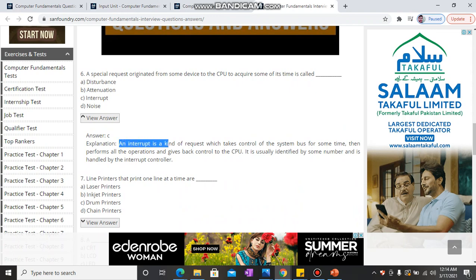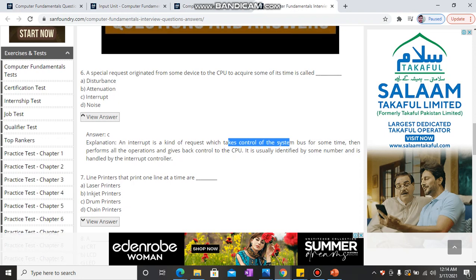Explanation: an interrupt is a kind of request which takes control of the system bus for some time, performs all the operations, and gives control back to the CPU. It is usually identified by some number and handled by an interrupt controller.